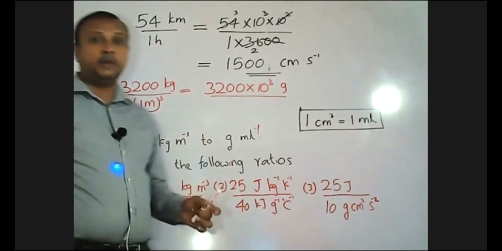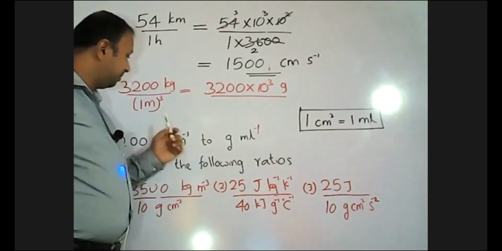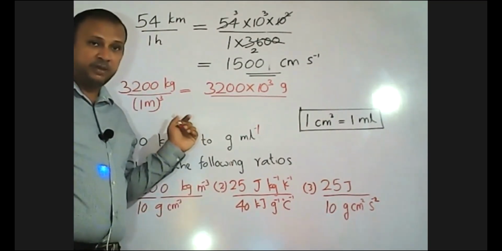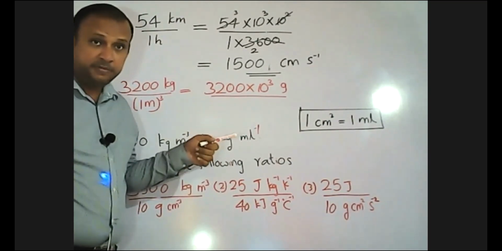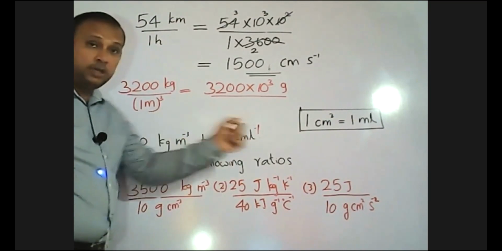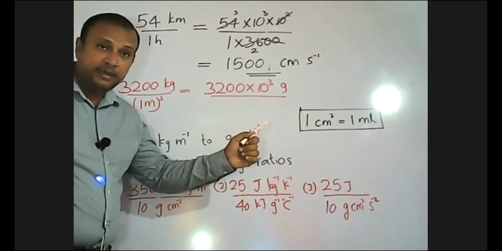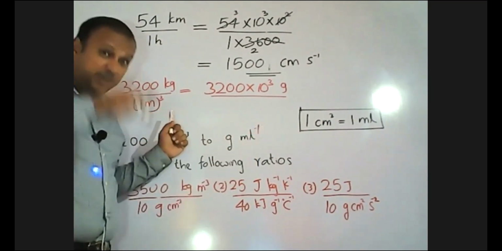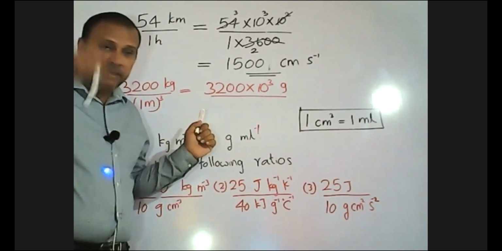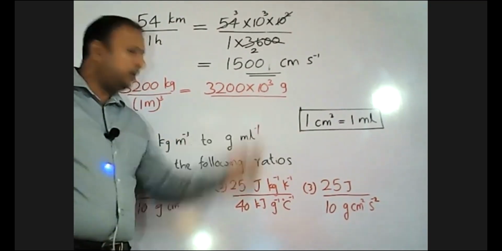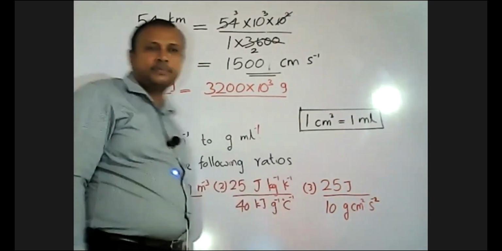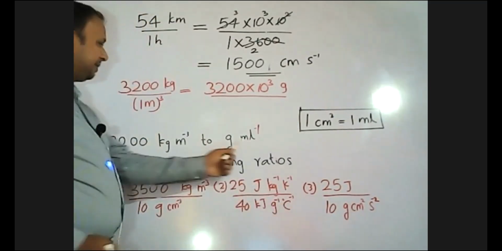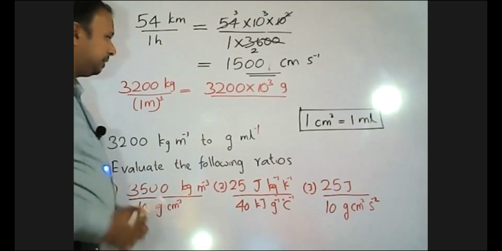You have to understand this one very well. I'm not going to convert meter into milliliter. I'm going to convert cubic meter into milliliter, or cubic centimeters into milliliters. I can consider this as cubic centimeters.